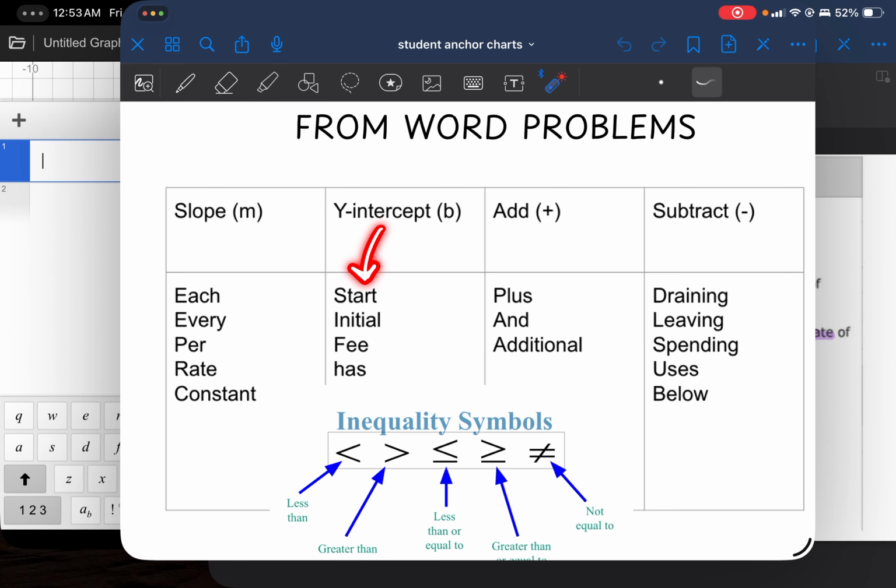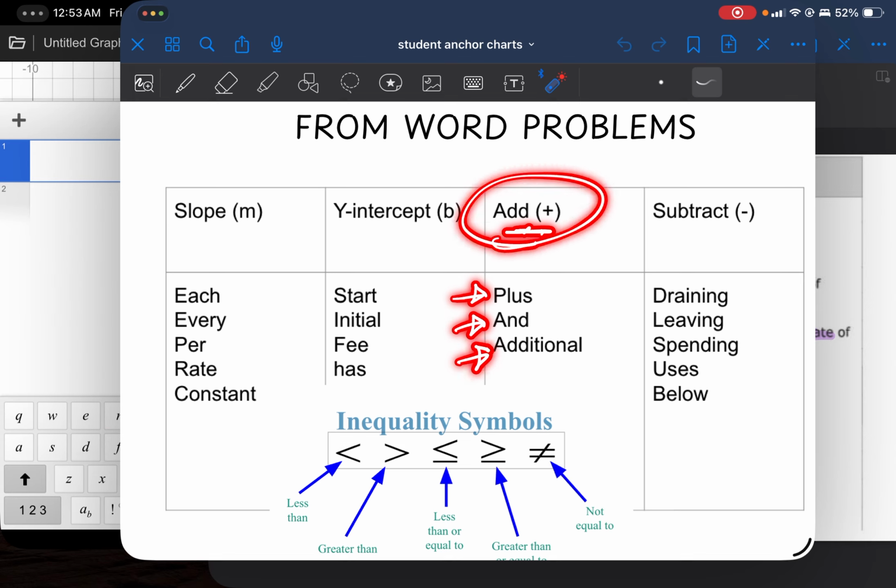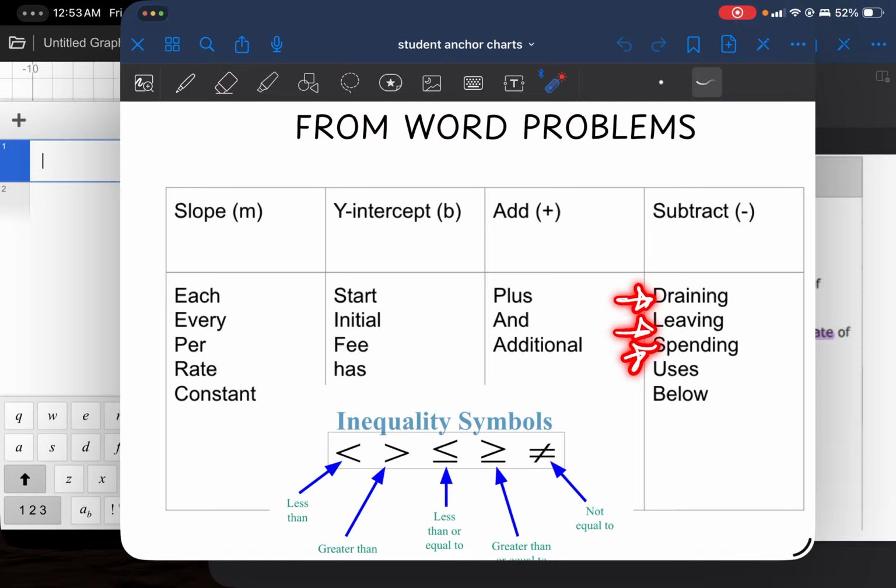Your y-intercept is identified with the word start, initial, fee, or has. And any word that says plus, and, or additional may indicate adding. And draining, leaving, spending, uses, and below may indicate subtracting.